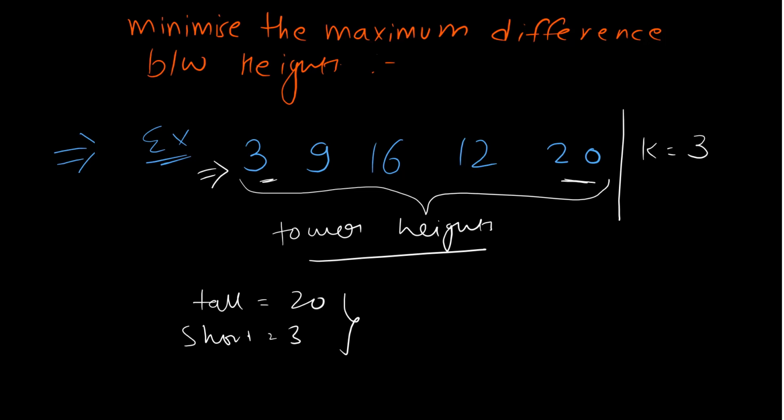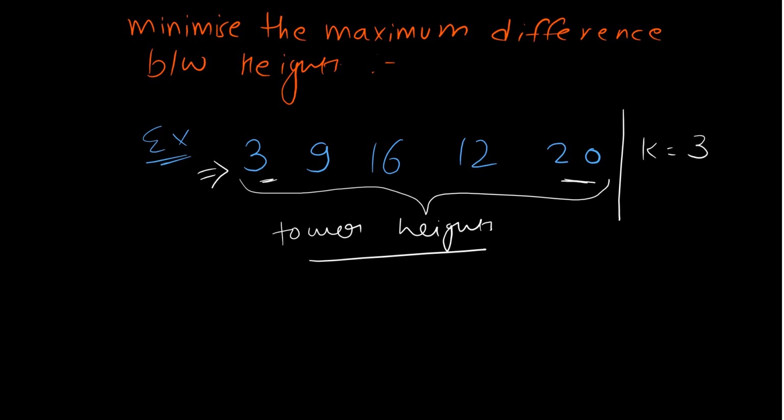So the maximum difference between heights is the difference between the tallest tower and the shortest tower, which is 20 minus 3, equal to 17. Initially this is the maximum difference between heights of towers.